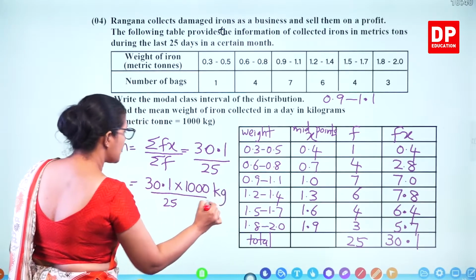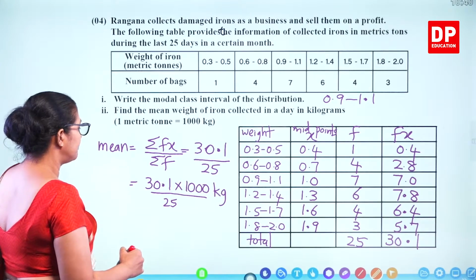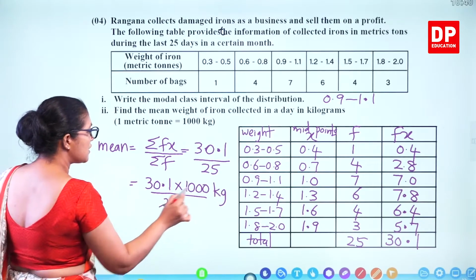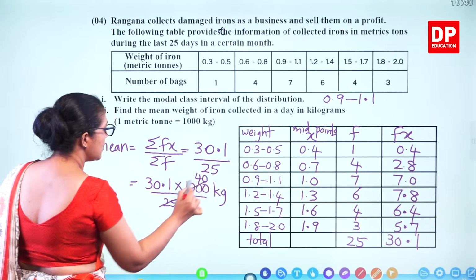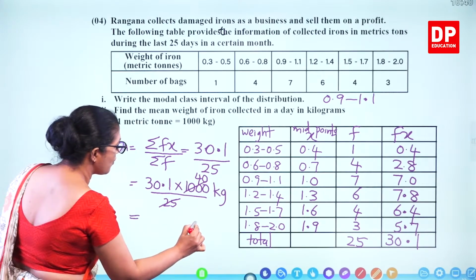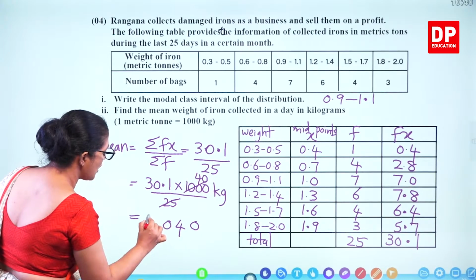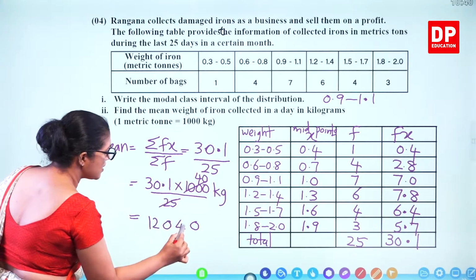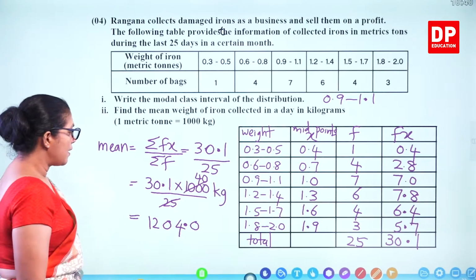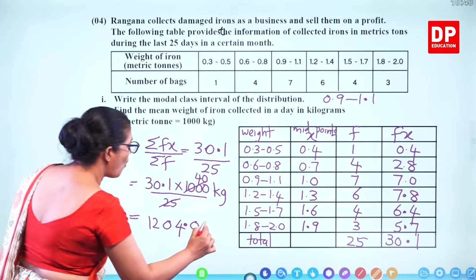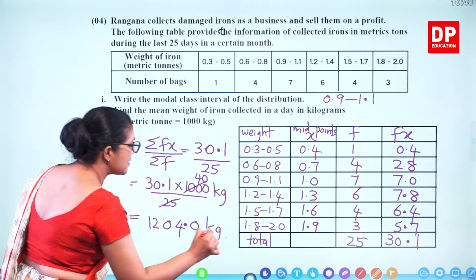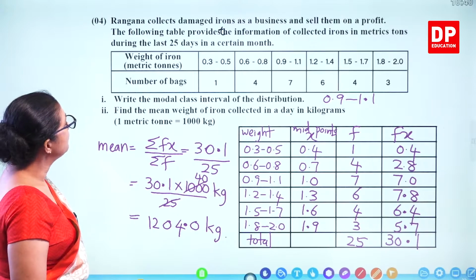That's kilograms. So 25 times 4, 0. 4 times 1, 4. 4 times 0, 0. 4 times 3, 12. So 1 decimal point. 1204 kilograms is the mean value.